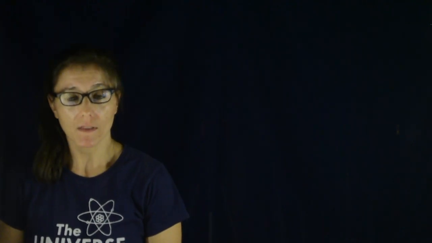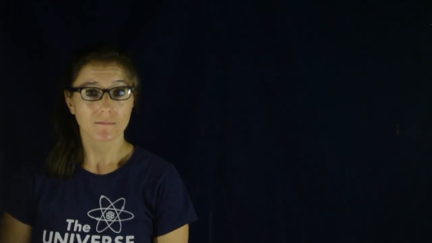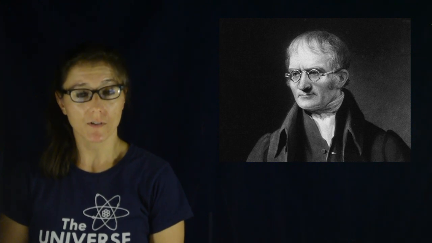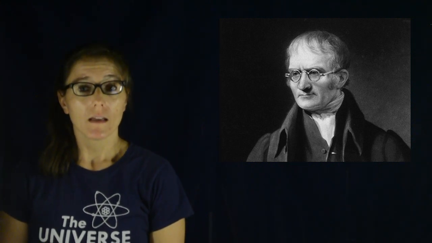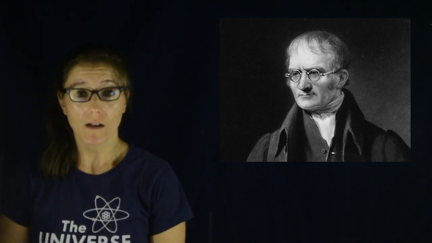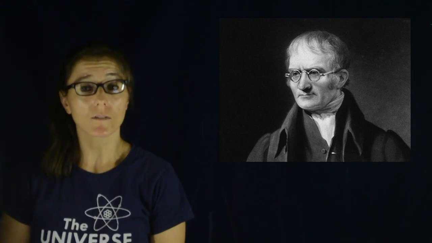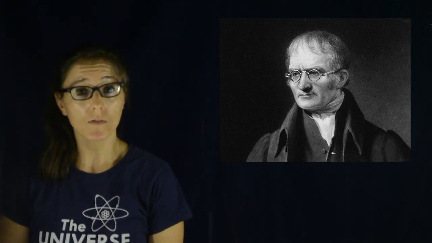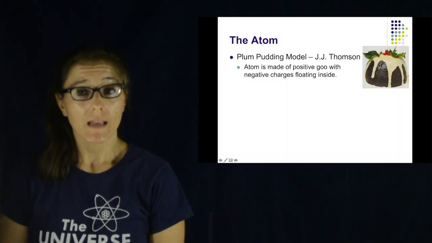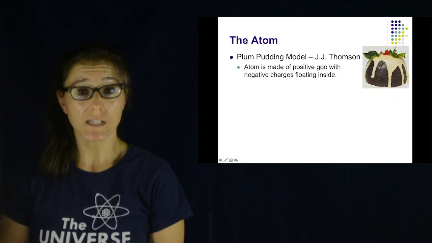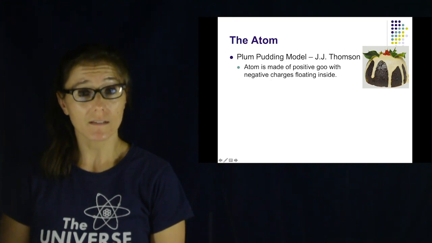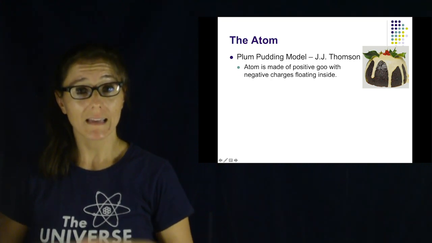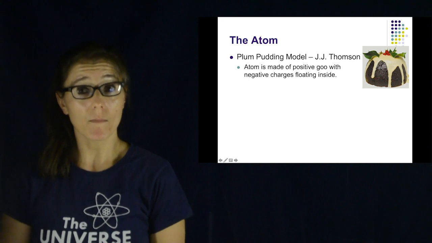So let's talk about something that you should already know about: the development of our knowledge of the structure of the atom. Prior to the mid-1800s, we had scientists like Dalton who said that the atom was uniform and indivisible. And then in the late 1800s, J.J. Thomson came along with his cathode ray tube experiment and actually discovered that you could extract cathode rays from the atom.